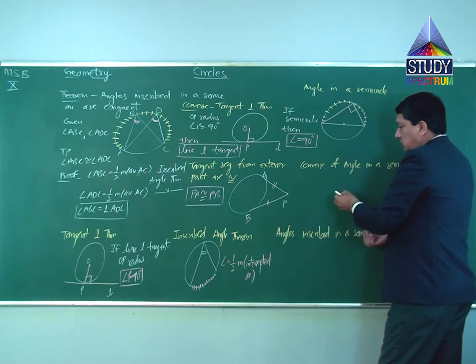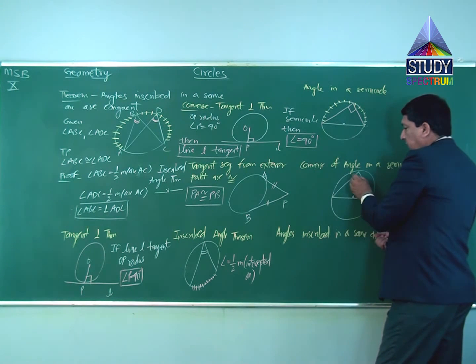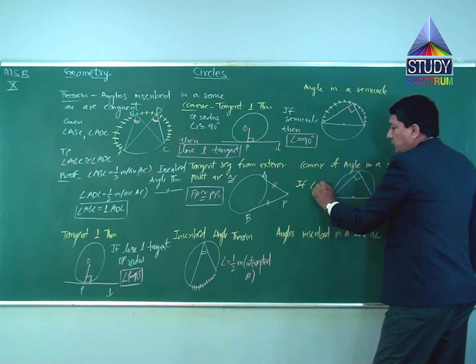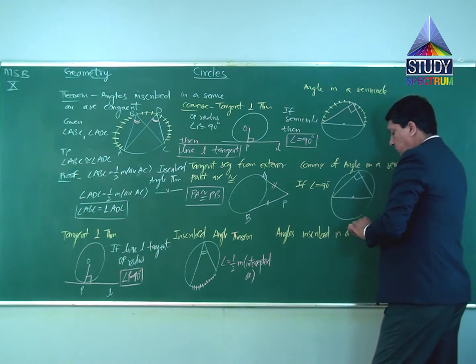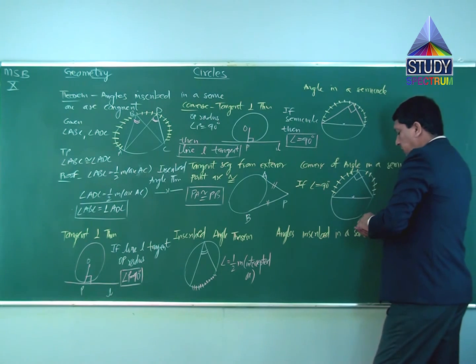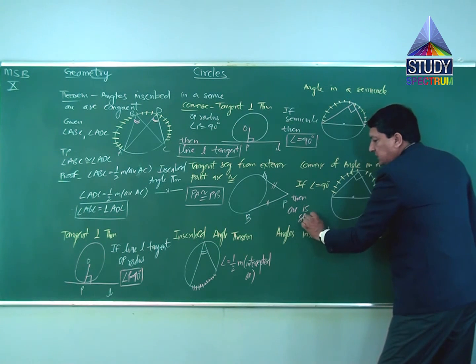Converse of this: we know this angle is 90 degrees. If the angle equals 90 degrees, then the arc where the angle is formed is a semicircle.